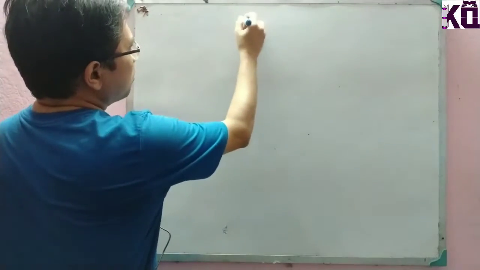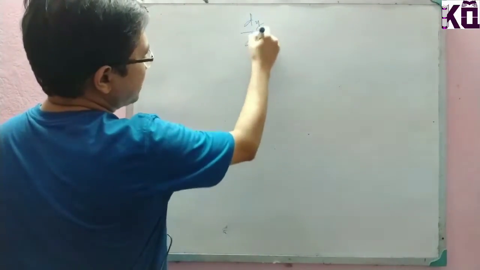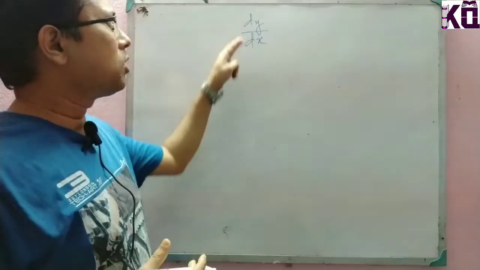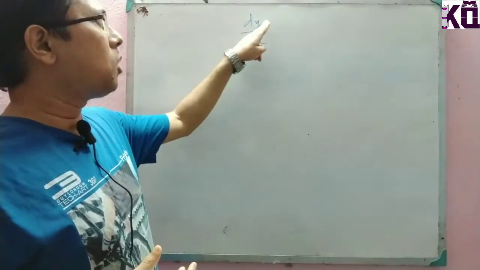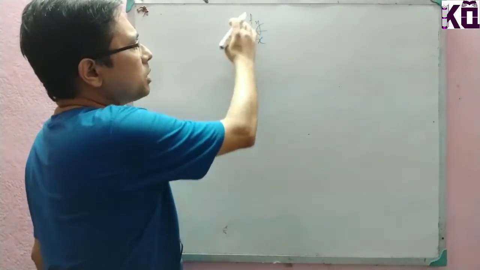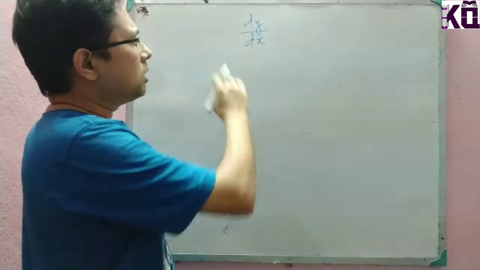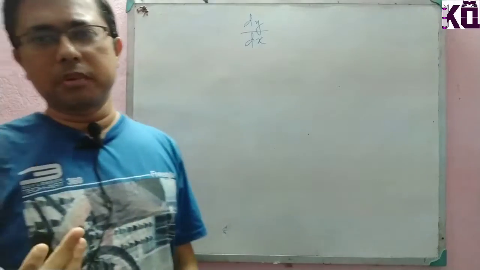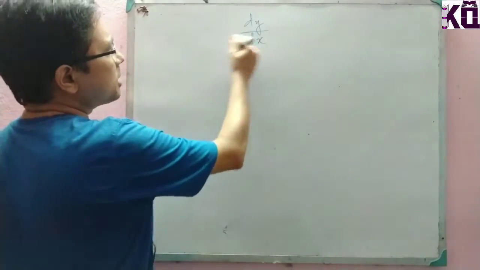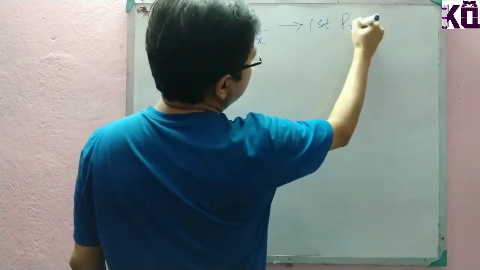Here, if I am writing dy/dx, what does it mean? Actually d/dx is one operator which is operated upon y. Now this is the increment in the value of y and this is the increment in the value of x. When there is the first principle, we want to identify the value of this dy/dx with respect to the first principle.